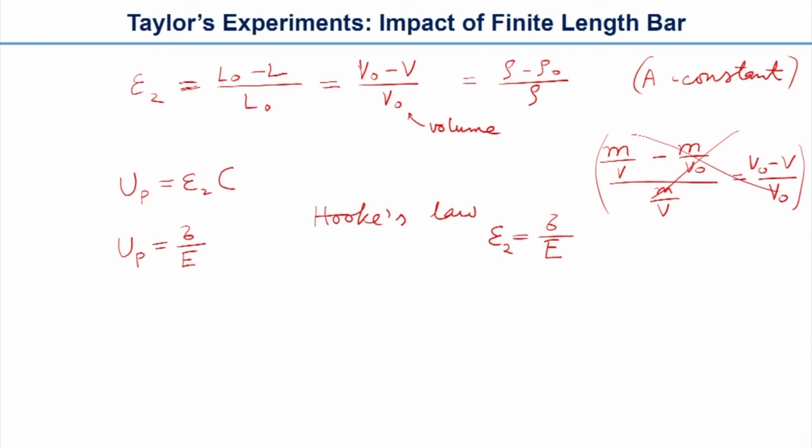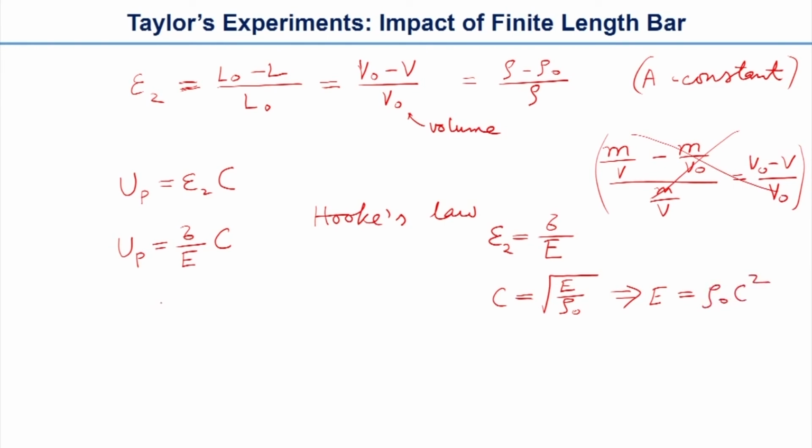So sigma by E and C. Again we know that the elastic wave velocity c is equal to the square root of the ratio of Young's modulus by density, which is rho naught, the initial density in this case. Or we can write E as rho naught c square.